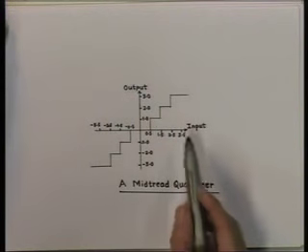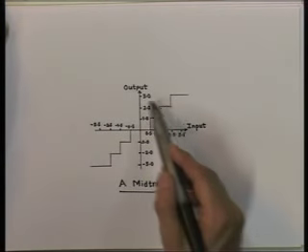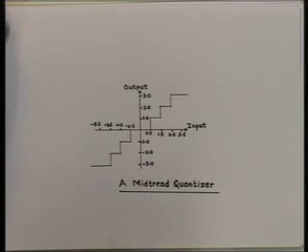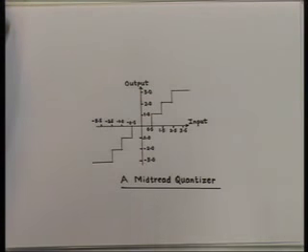An alternative uniform quantizer could be the one shown here. This is called a mid-tread quantizer.